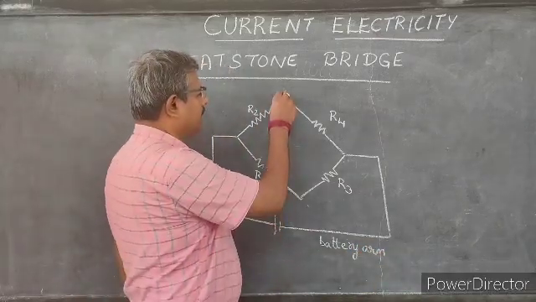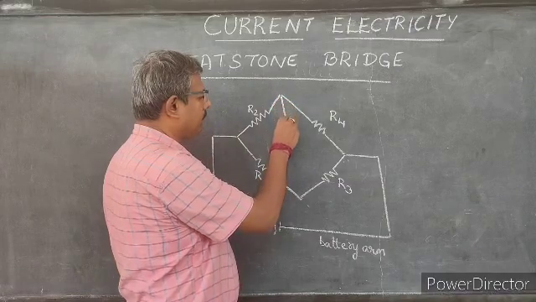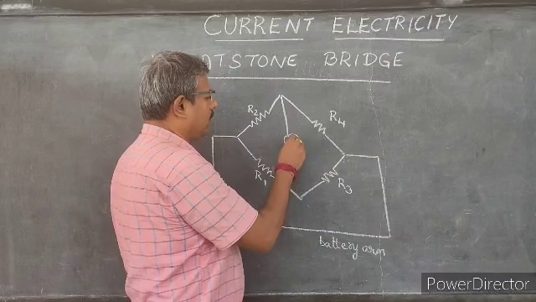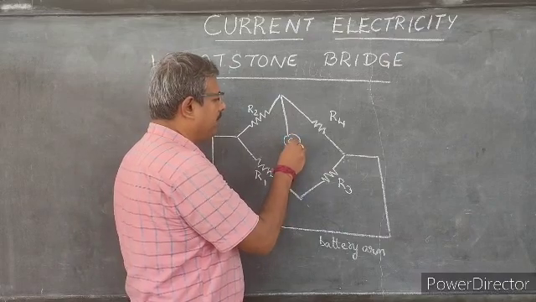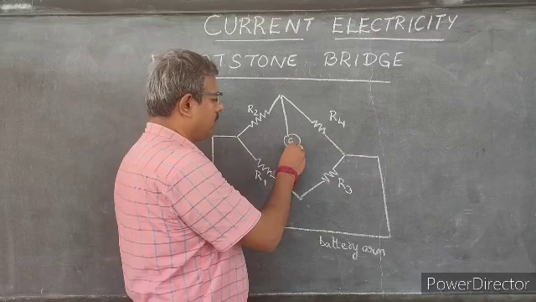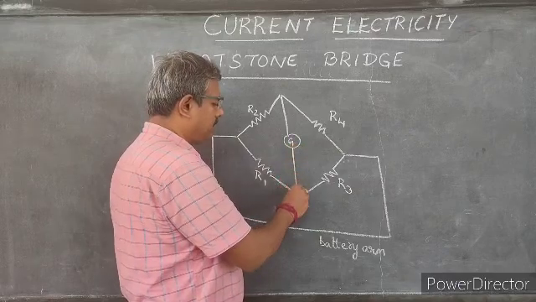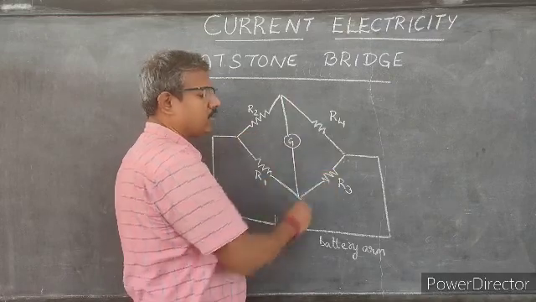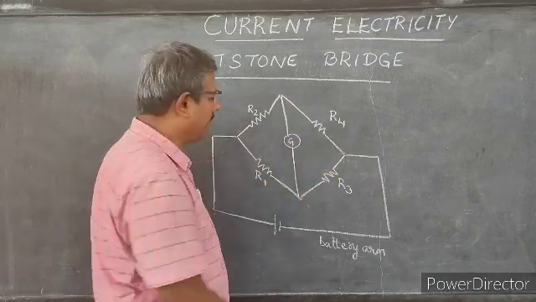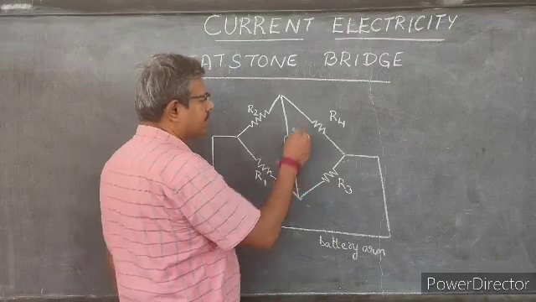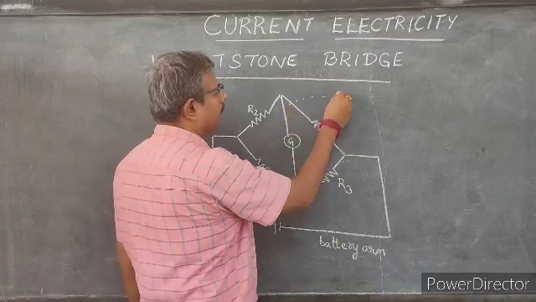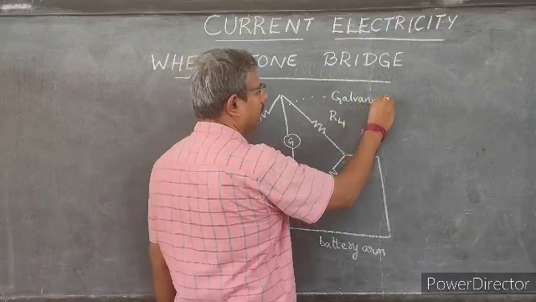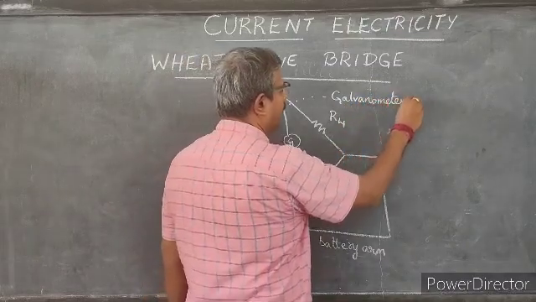And there's another path which has a galvanometer connected to it that connects these two paths of current flow, and this path is called the galvanometer arm.